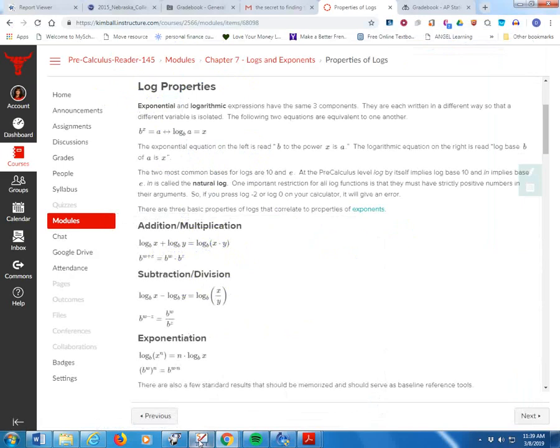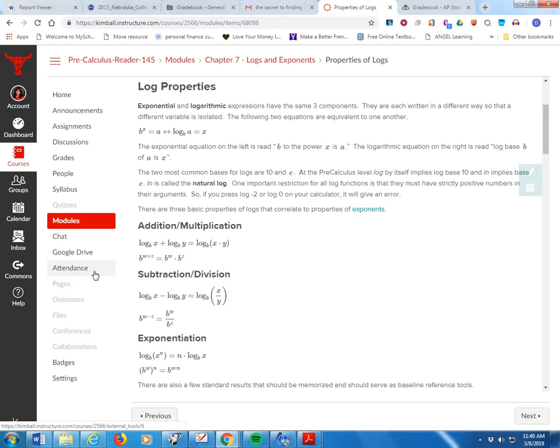Couple of things then with logs: adding logs, subtracting logs, exponentiating logs. Okay? Because we're talking about the inverse of exponents, when we multiply two exponents, we add them. So when we add two logs of the same base, we multiply them. It's the inverse operation.